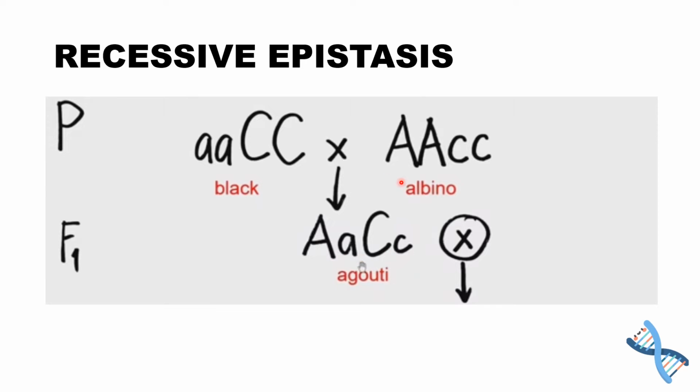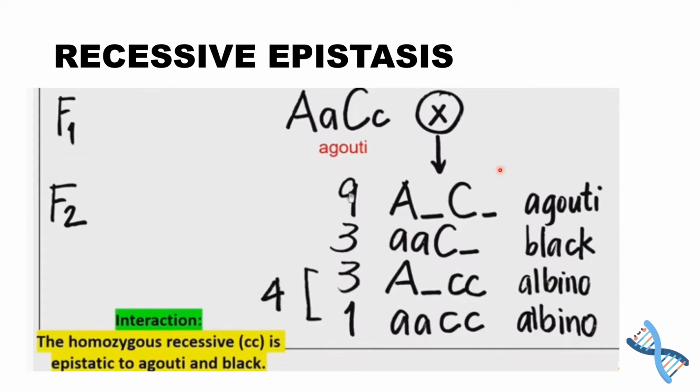So, if you cross these two, the color agouti is now expressed, due to the two reasons I mentioned earlier. Now, if you cross these agouti, crossing the F1 generation agouti with each other, this is the result.